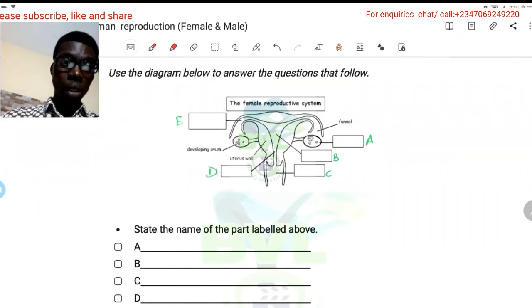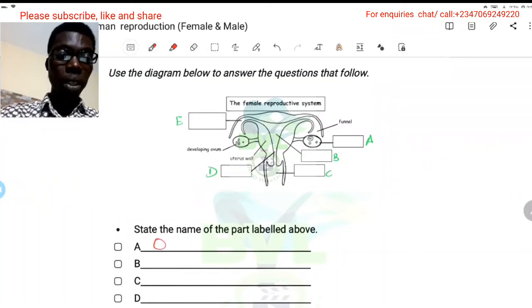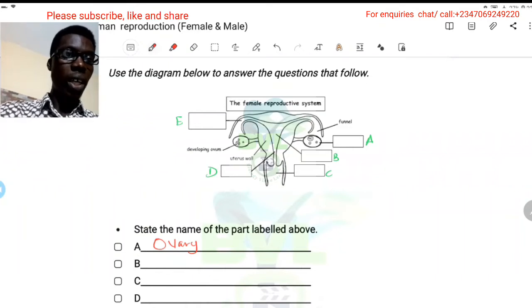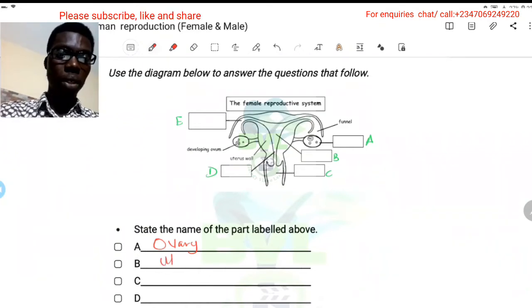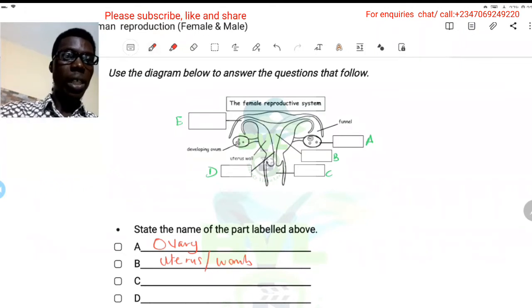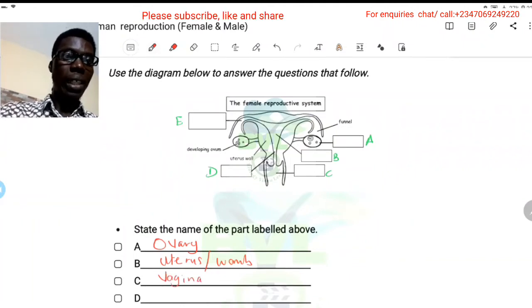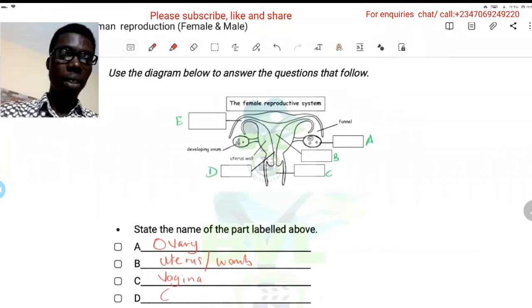A is the ovary, singular. B is the uterus, or commonly called womb. The C is the vagina. Then D is the cervix.